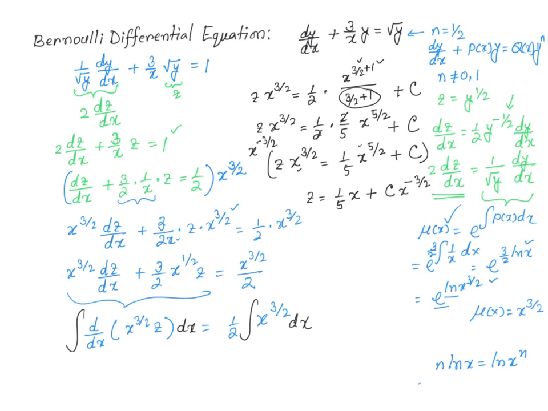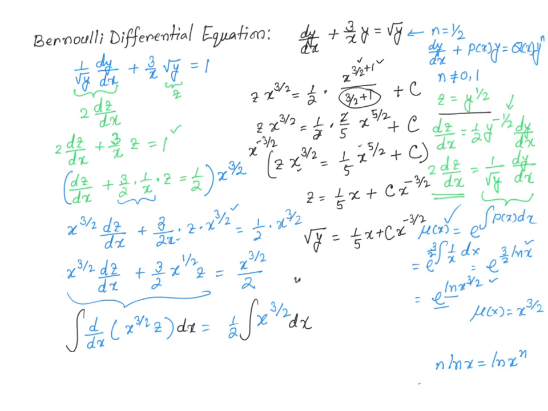However, z is nothing but square root of y, right? So it's going to be square root of y is equal to 1/5 x plus c times x to the power -3 over 2.